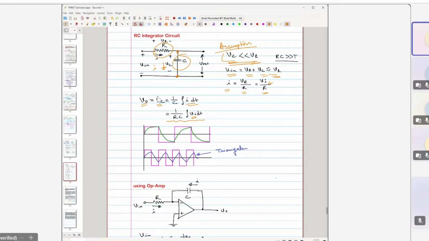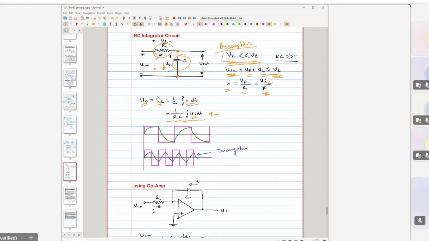If Vc is also quite significant, then we cannot write V in is equal to Vr, and we cannot write I is equal to V in by R. Then it should be I is equal to V in minus Vc by R, so you will not get this expression. That is why this assumption is needed for this circuit to operate as an integrator.